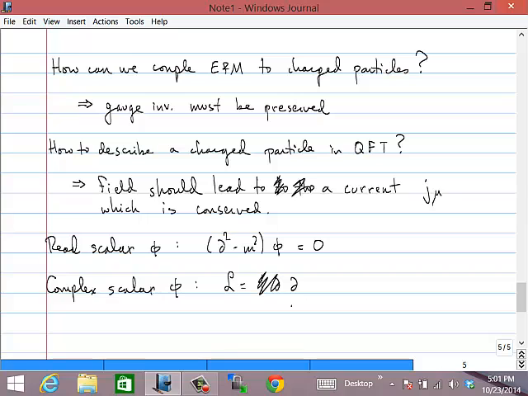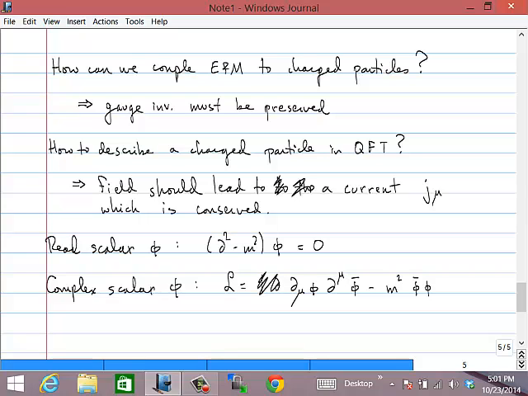So for example, if you have a complex scalar field phi, so phi is a complex number for each point in space-time, then the action will take the form of d mu phi bar d mu phi minus m squared phi bar phi.